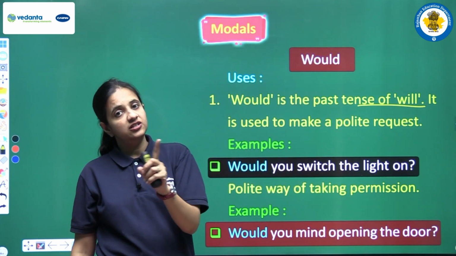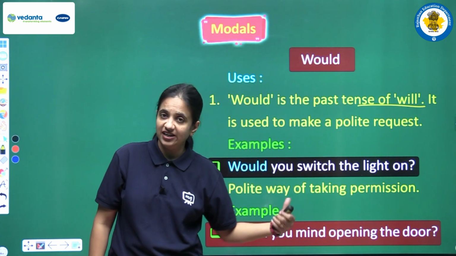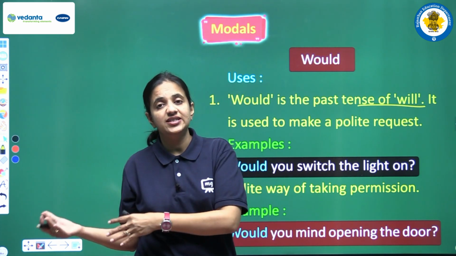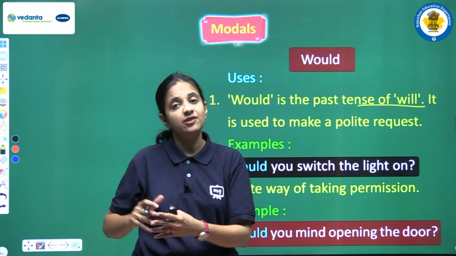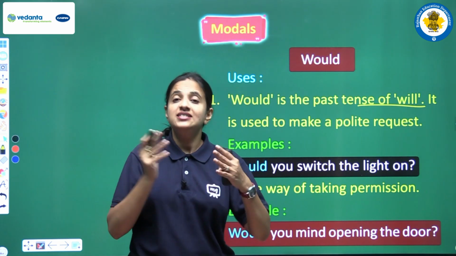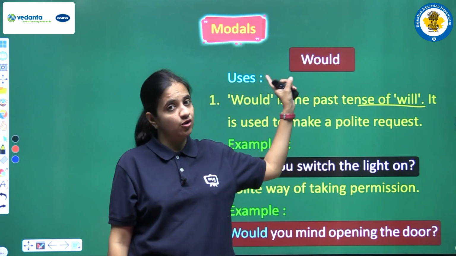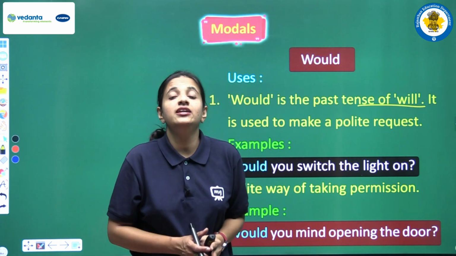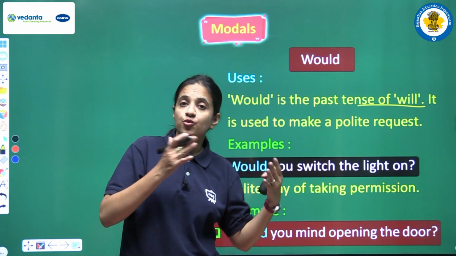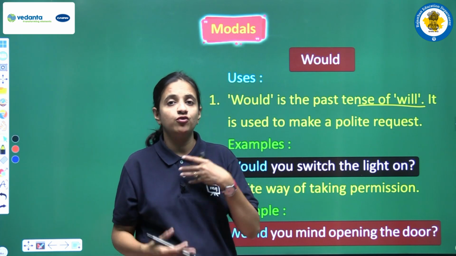Okay, so the first use that I want to make clear here is that when we were using indirect speech, in that form we were using should, right? Because should is the past tense of shall. Similarly, would is the past tense of will. So in indirect sentences we will use would, because would is the past form of will.